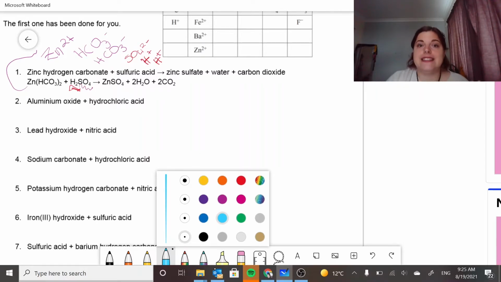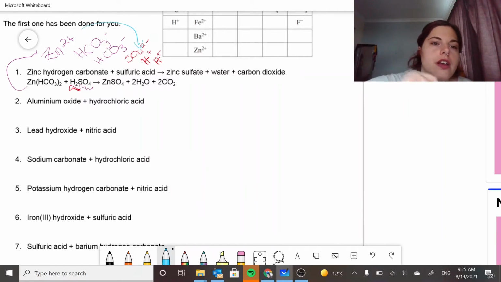So what's going to happen instead is the zinc is going to bond to the sulfate. So Zn2 plus SO4 2 minus gives you zinc sulfate. This is an ionic compound. This is a salt. Okay, we know that hydrogen carbonates plus acids give you a salt. They give you water and they give you carbon dioxide.